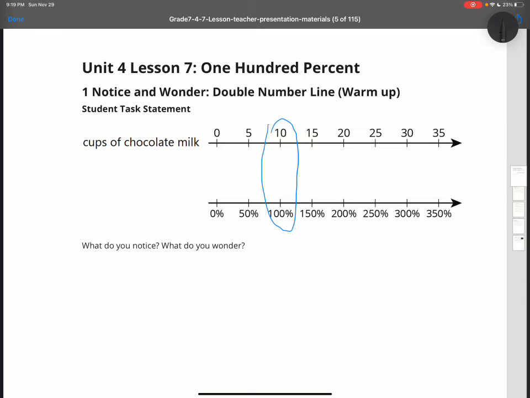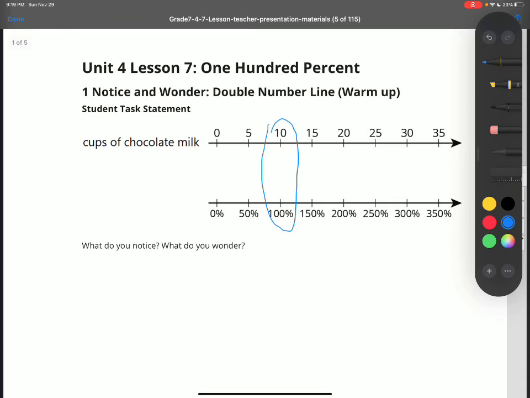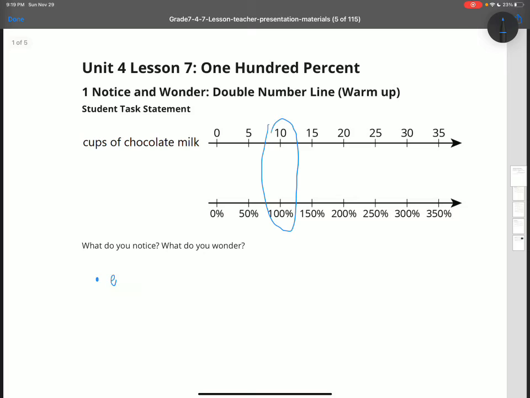I noticed that each increment of 5 represents, what percent do you think?